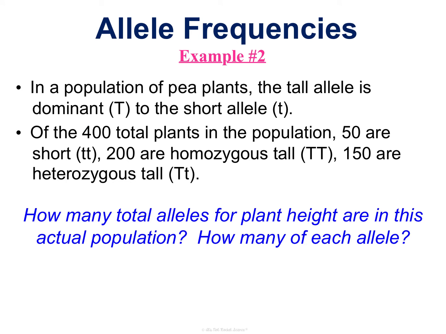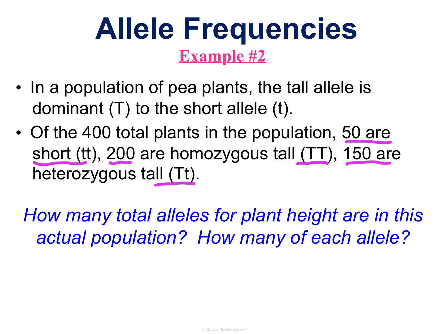To clarify, let's just do one more example. In a population of pea plants, the tall allele is dominant and the short allele is recessive. We have 400 total plants in our population. 50 are short, so they're homozygous recessive, little t, and 200 of these plants are homozygous tall, big T, and 150 of them are heterozygous, big T, little t.